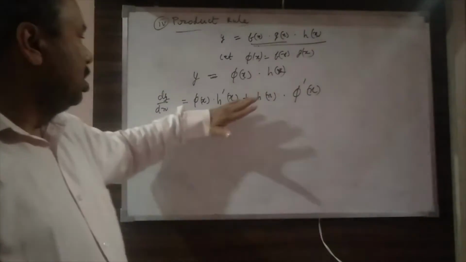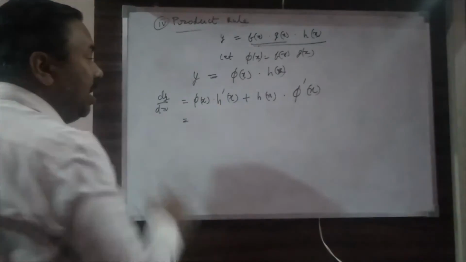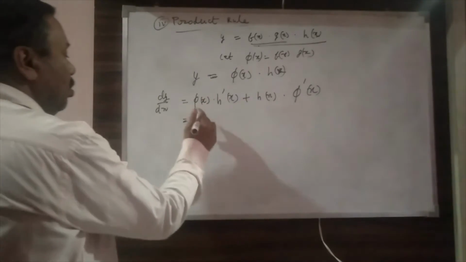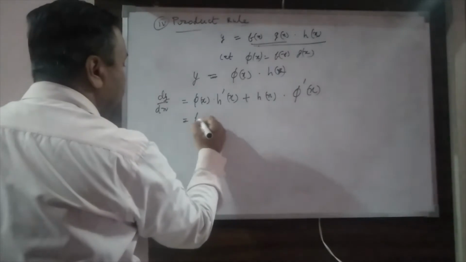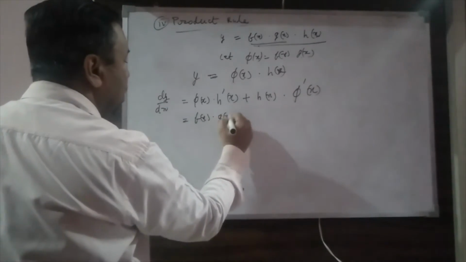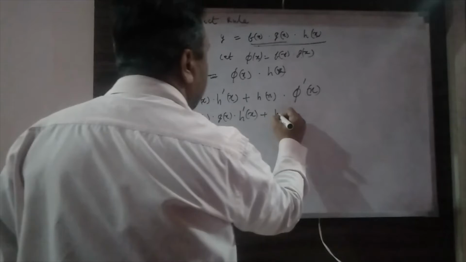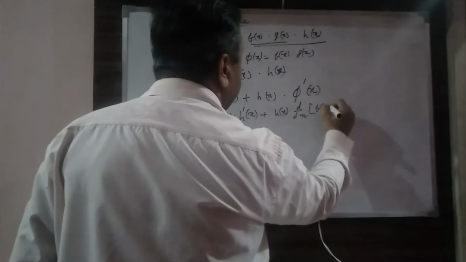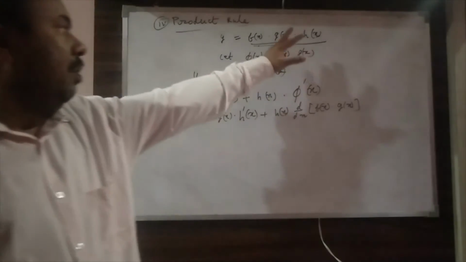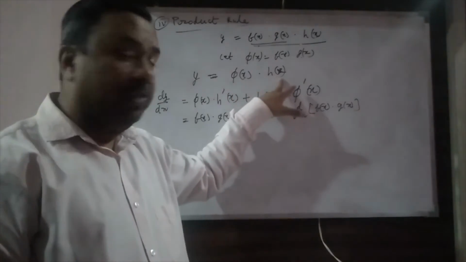Now replace the value. φ(x) was f(x) into g(x). So it will be f(x) multiplied by g(x) multiplied by h'(x), plus h(x) and d/dx of f(x) into g(x). From the product of three functions, I converted it to a product of two functions.